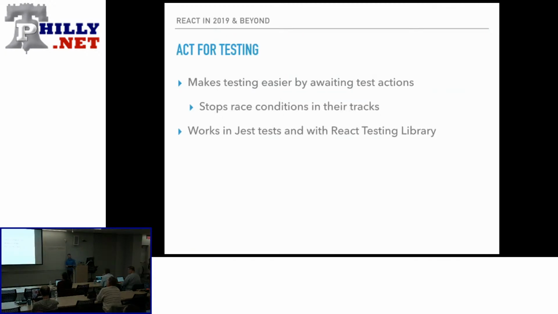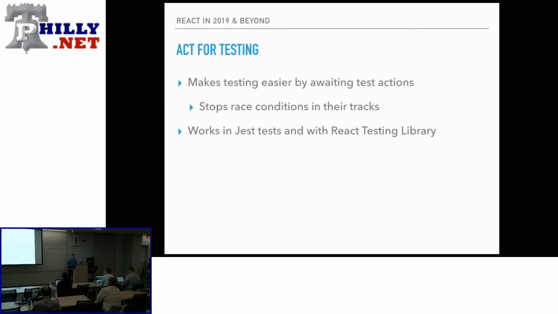The act method that I mentioned for testing is really useful for awaiting all of your test actions. If you wrap any of your test actions in this act call from React, it ensures that all of the actions are completed before moving forward. So any asynchronous stuff that's happening, maybe by accident, is going to finish before your assertion happens.